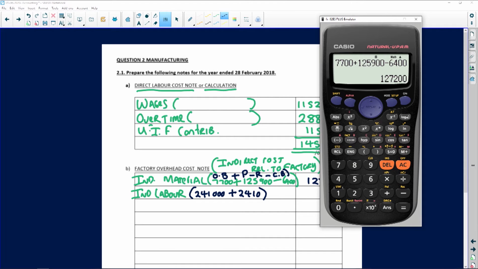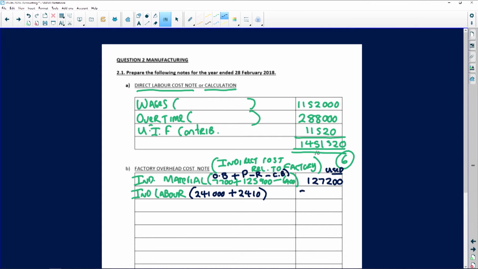Okay, so let's add that up, 241,000 plus 2,410, and that gives us 243,410. So 243 and then 410. Okay, right, again guys, not difficult.